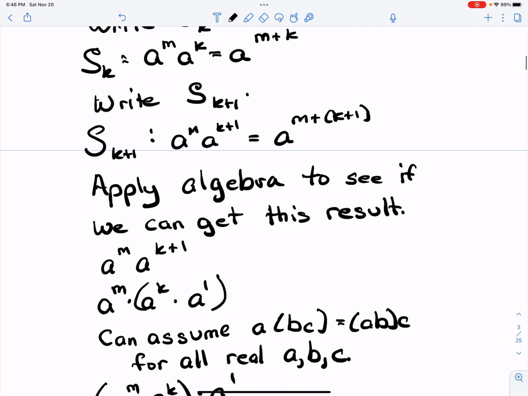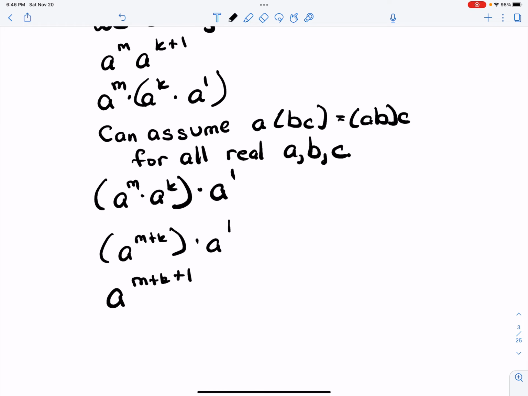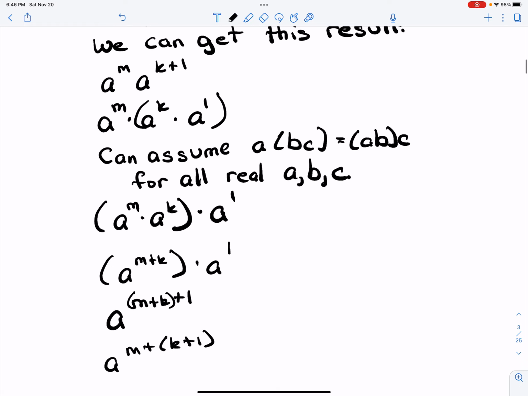Remember up here, a to the m times a to the k plus 1 equals a to the m plus k plus 1. So this was like this, and now we can say, if we want, we can say it like this. The associative property for addition. So it worked. We started with the left side, and we were able to use some algebra and get it to look like the right side.